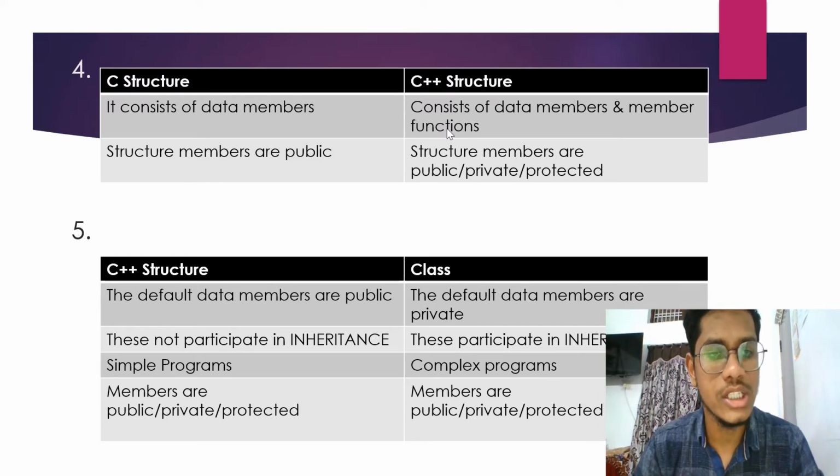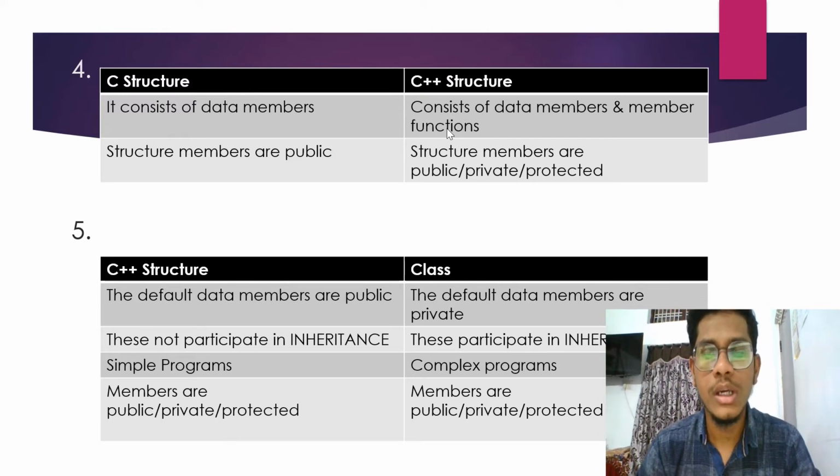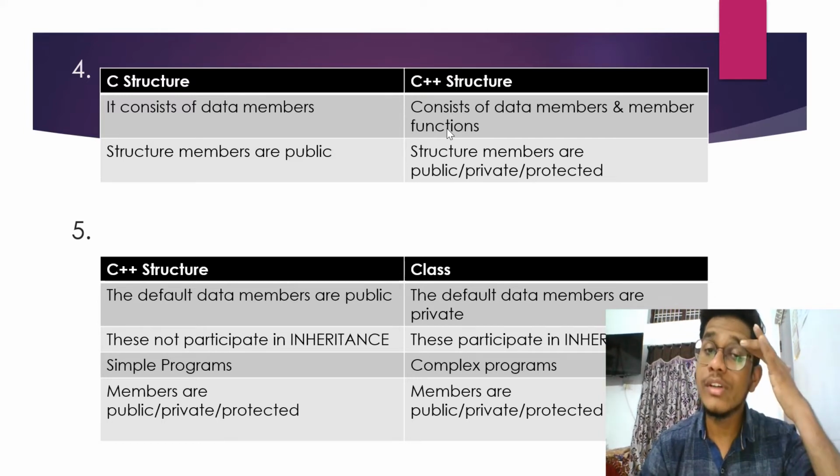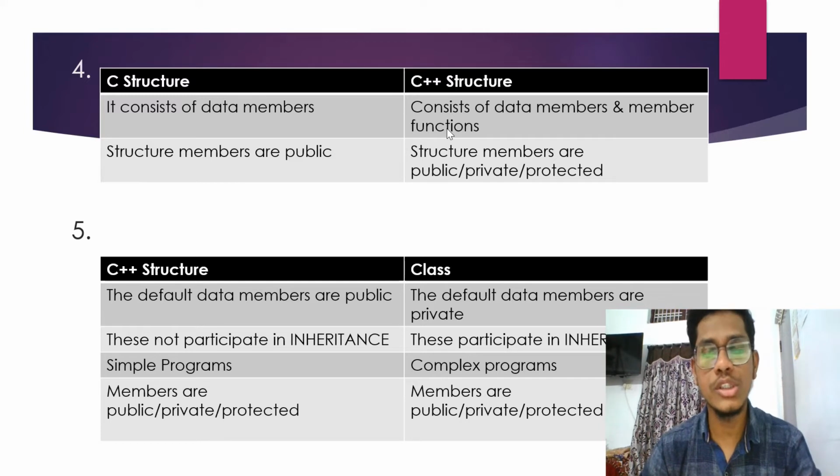In C structures, the data members are public, whereas in C++ structures the data members can be public, private, or protected. As we have discussed, in C++ the main motto is to keep the data members private. The default is public.